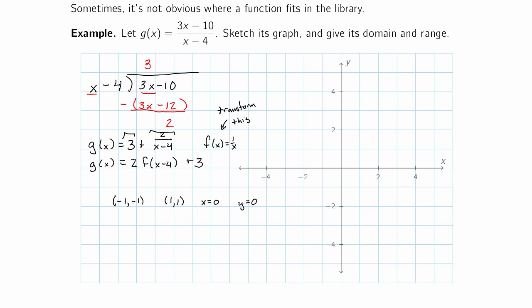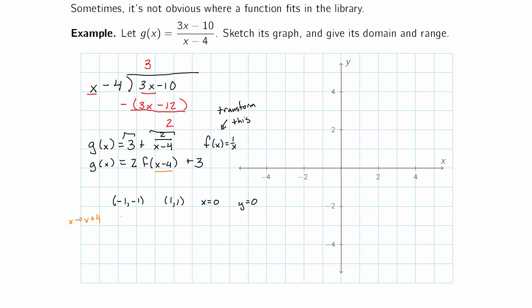What transformations do we have? Well, inside the function we have x minus 4. That's a translation, 4 to the right. So we're going to replace each x coordinate by x plus 4.